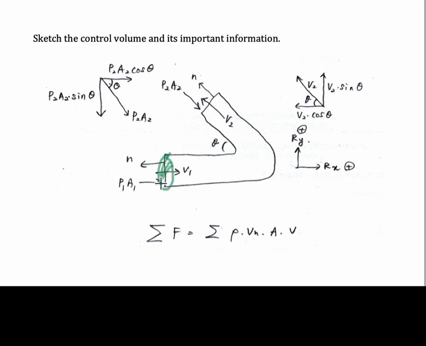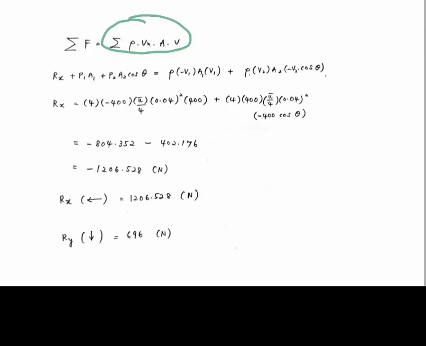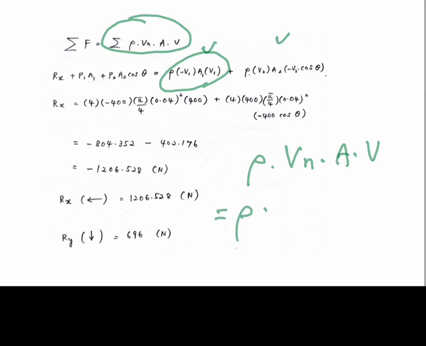This is the first surface as inlet, and this is the second surface at the outlet. So we only calculate two terms. So in the first term, you just imagine we have rho Vn A Vx. So rho is constant.